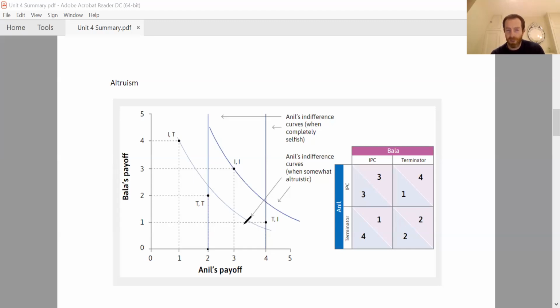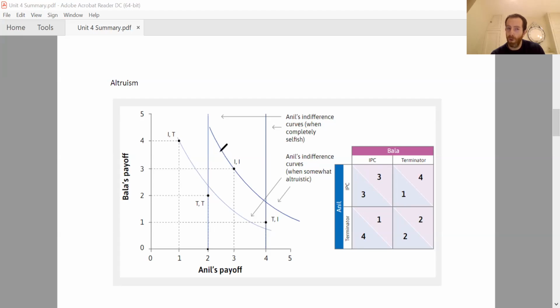So how do these curves demonstrate that to us? Well, let's take this blue curve here, right? And we can see that on this particular blue curve, Anil has this level of happiness, this level of utility, if Anil gets 3 and Bala gets 3. But if we move up in this direction, the level of utility Anil has is staying the same. But as we move in this direction, Anil's payoff is getting smaller, right?